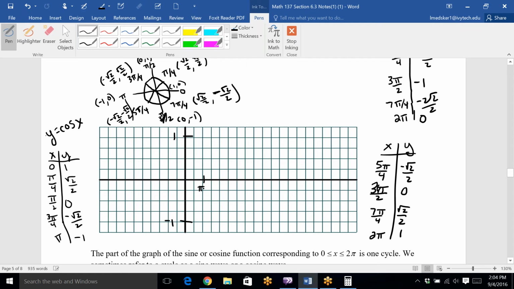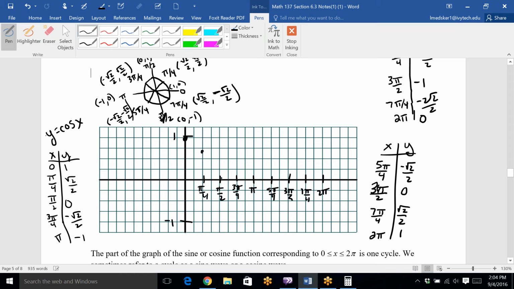Here is our pi over 4, pi over 2, 3 pi over 4, pi, 5 pi over 4, 3 pi over 2, 7 pi over 4, and 2 pi. We start at 1. We go down to square root of 2 over 2.